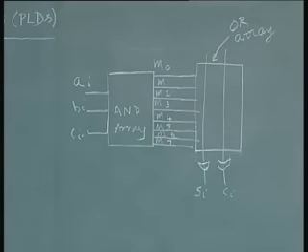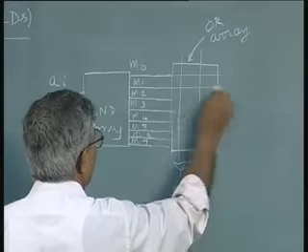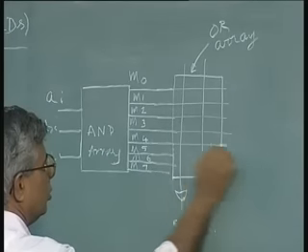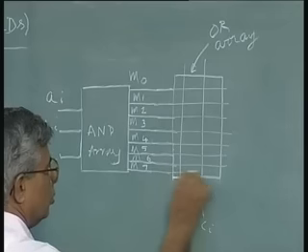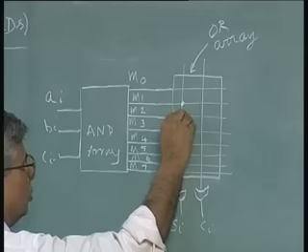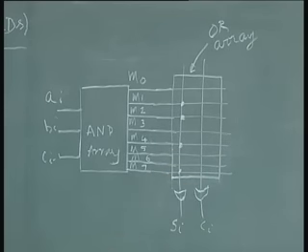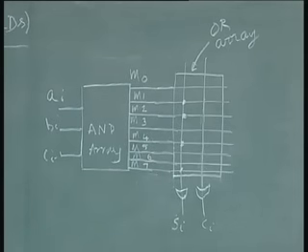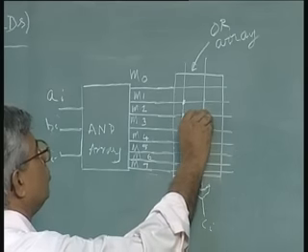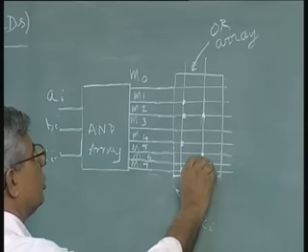So, as we said, now all the minterms are available, out of which the minterms 1, 2, 4, 7 give the sum, and minterms 3, 5, 6, 7 give the carry.